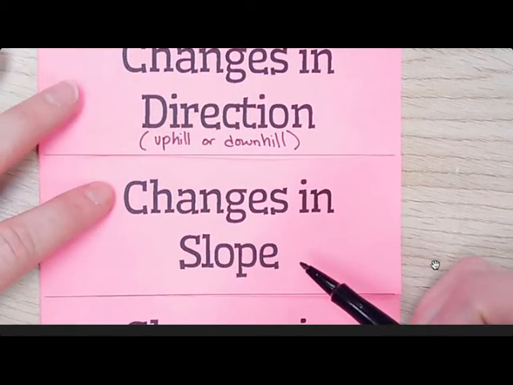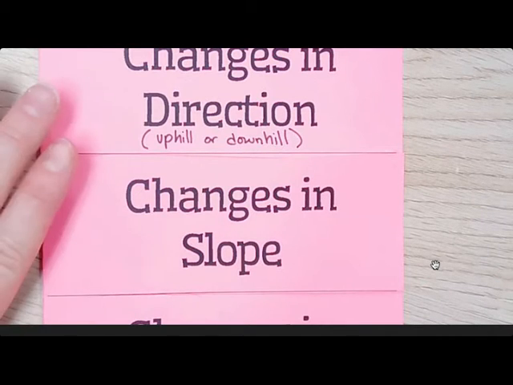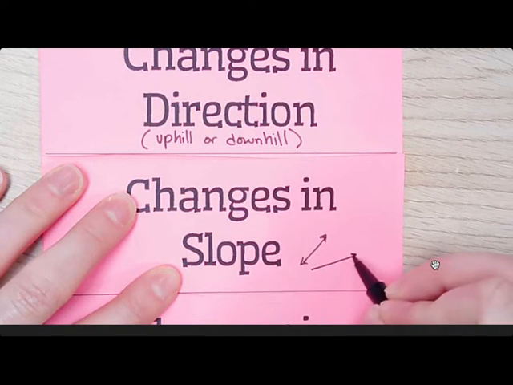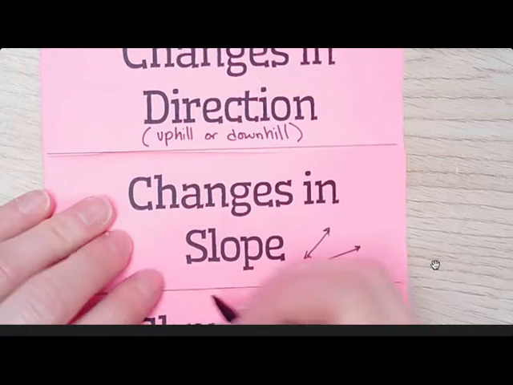If you see the change in slope, what does slope determine? What word goes with slope? Whether it's like this or like this. Uphill, downhill, but what if they're both uphill? Then let's say we have this and we have this. What does slope determine? Steepness, yeah.